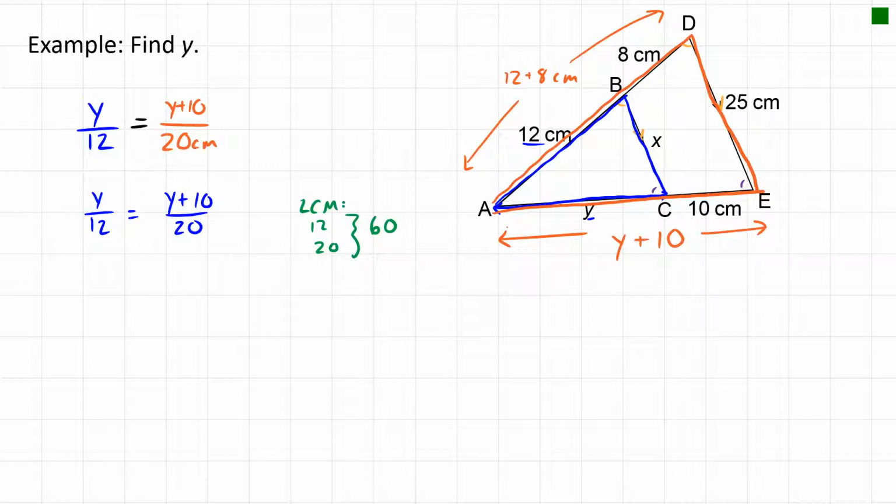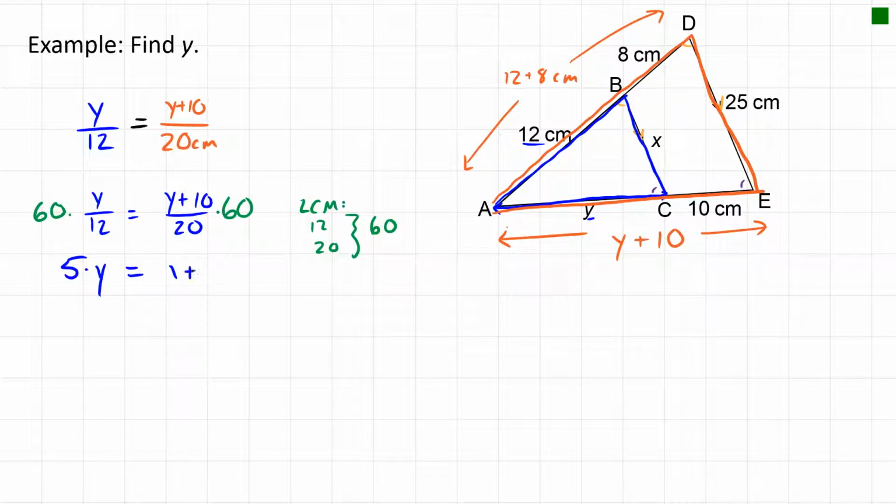So 12 and 20 each have a multiple of 60. I'm going to multiply each side by 60 to eliminate the denominators. We've done that before in solving these rational expressions. Sometimes the lowest common multiple involves variables. In this case, it's just a number. So 60 divided by 12 is equal to 5. This simplifies to 5 times y.